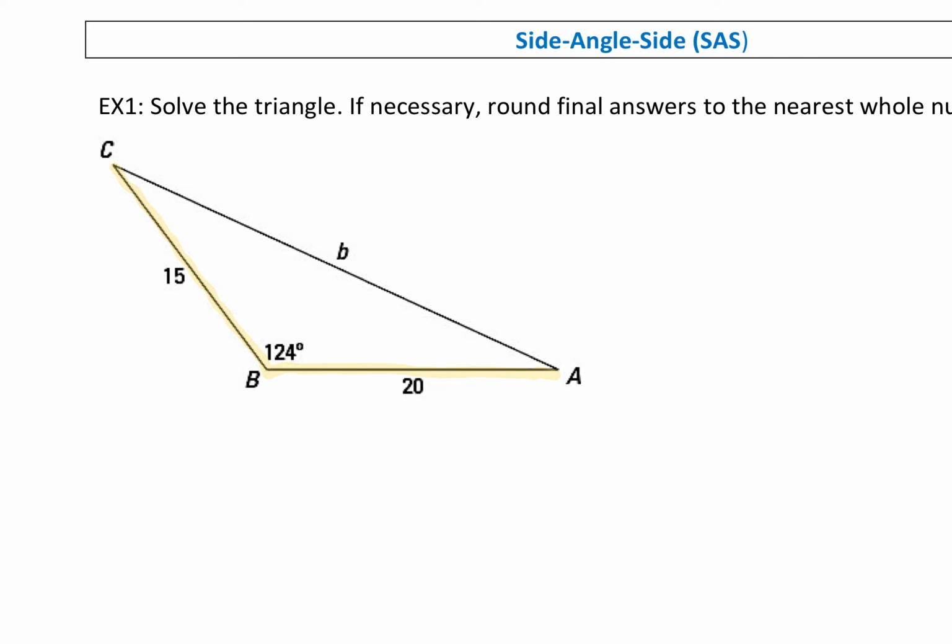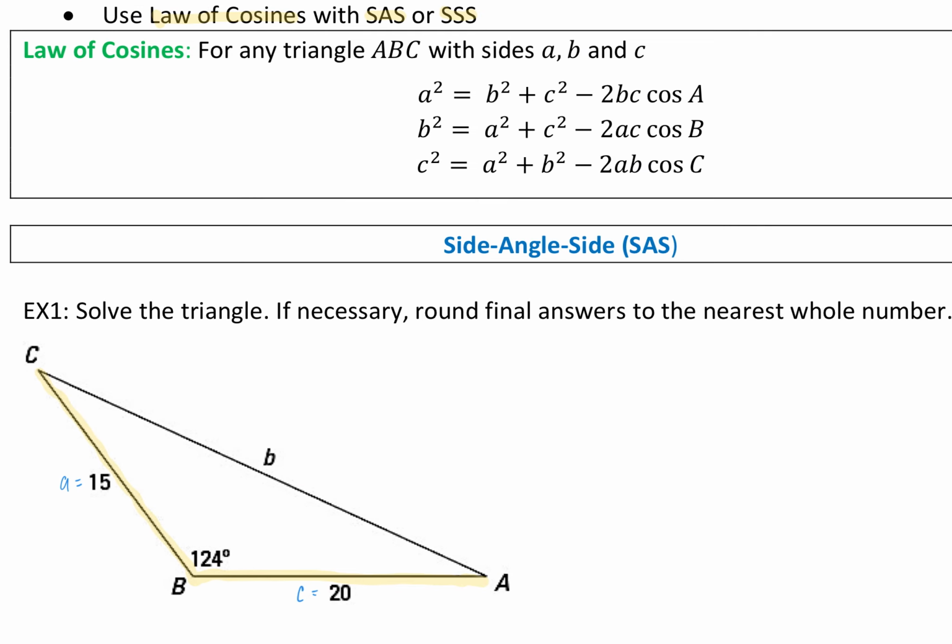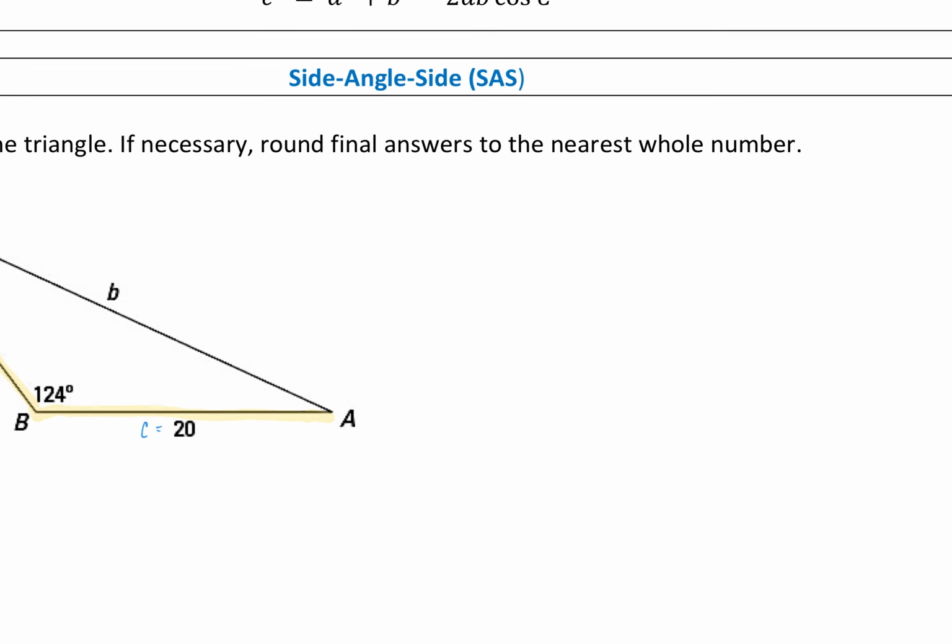Notice that the 20 is opposite angle C, so that would represent side C. The 15 is opposite angle A, so that would be side A. Now it seems reasonable for me to find side B. I'm going to be using this second formula because the B squared is by itself. I could use any one of the three, but since I'm solving for side B, I might as well use the second one. Less computations.